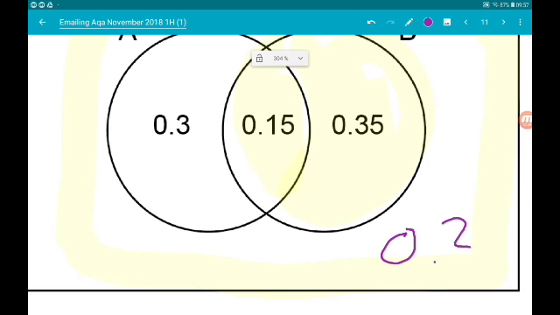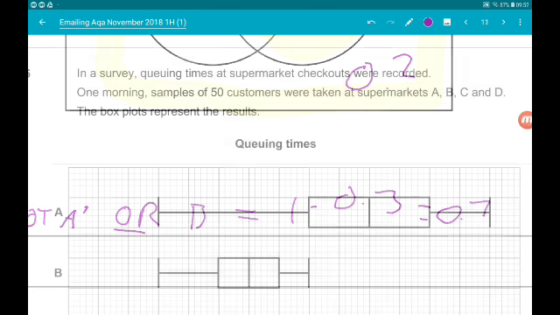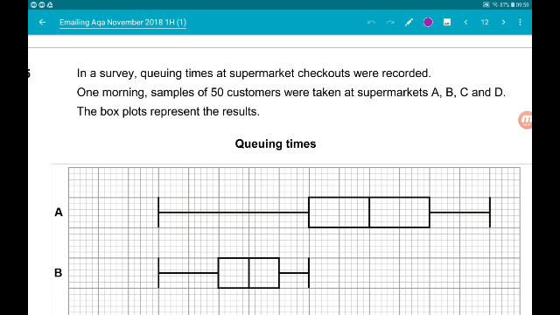So 1 minus the thing that we don't want. So 1 minus 0.3 gives us 0.7. Cool.